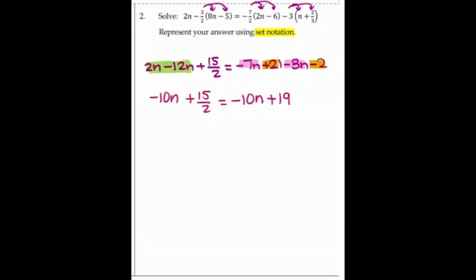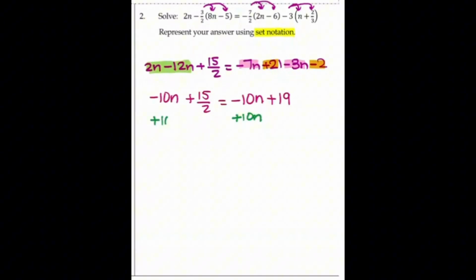So this is what we get. After distributing, we should get -10n plus 15/2 is equal to -10n plus 19. So as we know, we need to solve for n. So that means that we need to move the n's together.